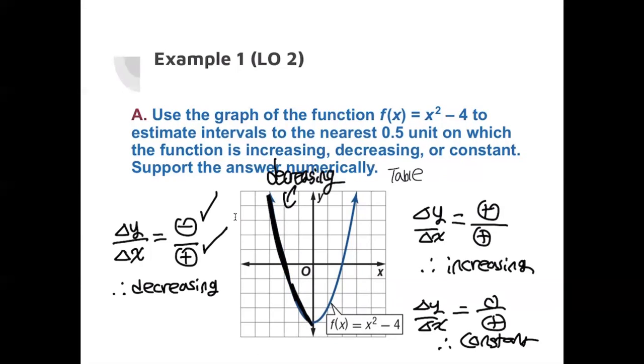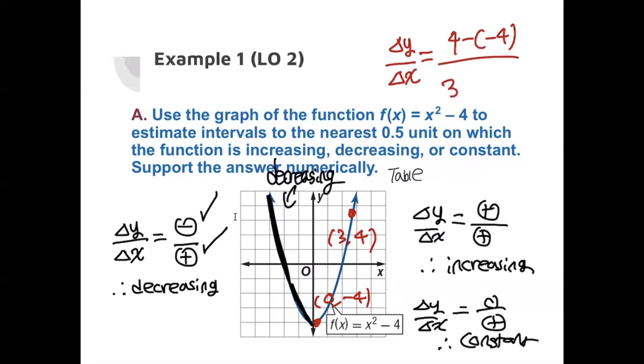Let's do the same thing for here. I'm going to have these 2 points. Let's say that this point is like 3, 4, not accurate. Say this is like 0, -4. Change in y, 4 minus -4. Change in x, 3 minus 0. Both positive over positive. So this part, the red part, is increasing.